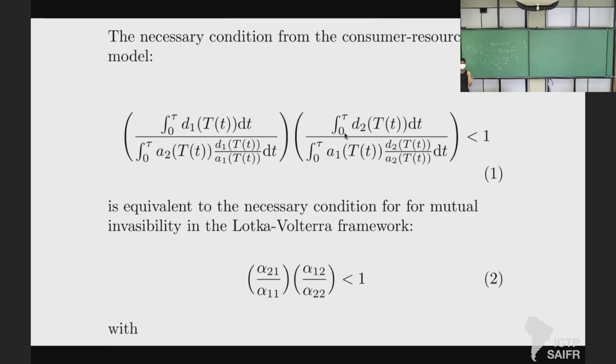No. Here's a situation where we can now specify those alphas just in terms of attack rates and mortality rates, only, in fact, because the conversion efficiency is being taken out now, right? This is the outer condition. So we can characterize these alphas in terms of the temperature responses of the attack and mortality rates of the resident and the invader.